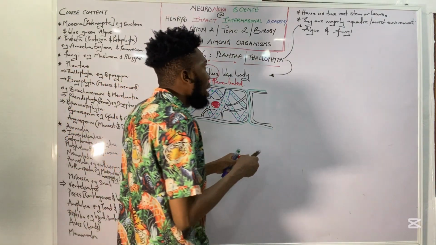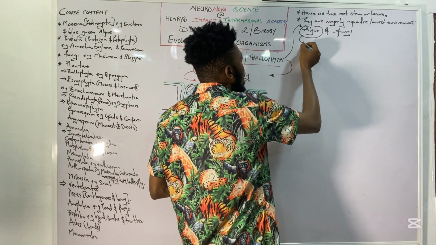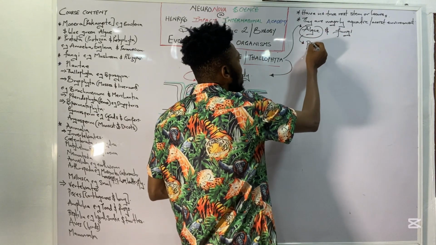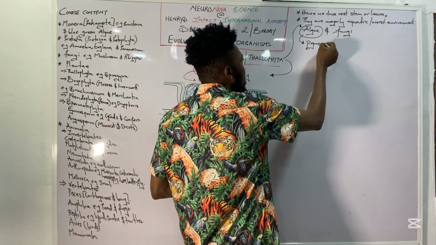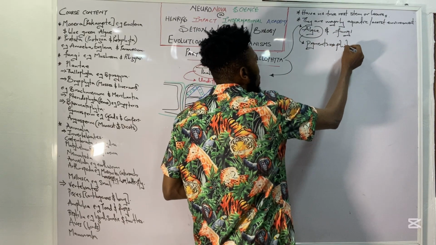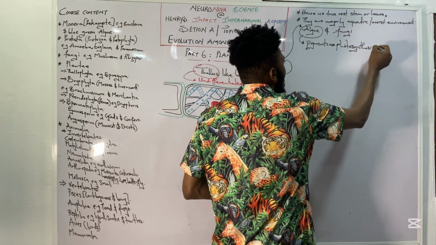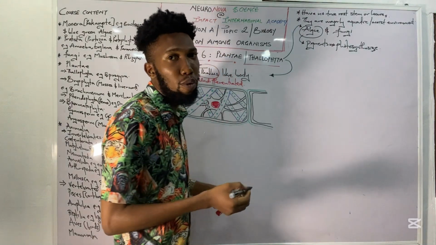Now, for the algae parts of the thallophytes, you see the presence of pigments. They have pigments that enable them to photosynthesize.